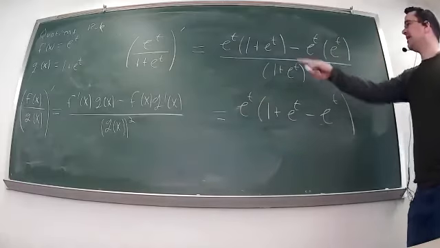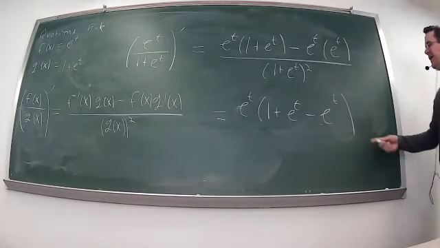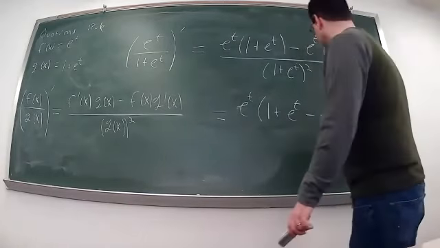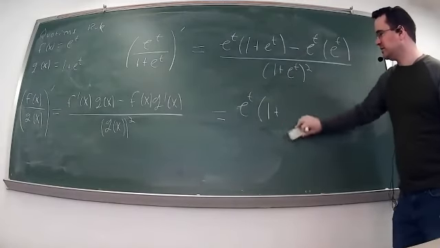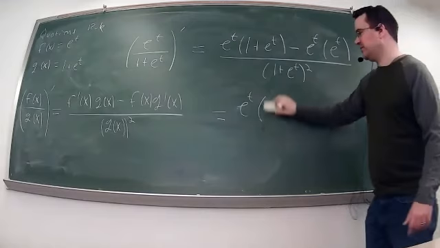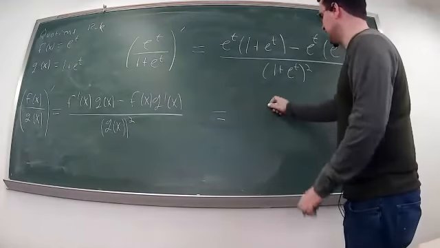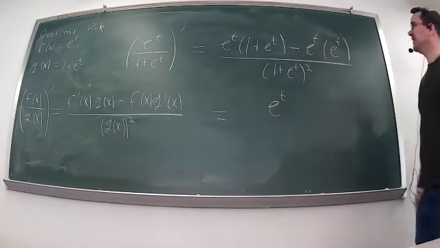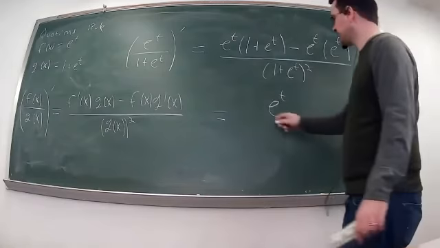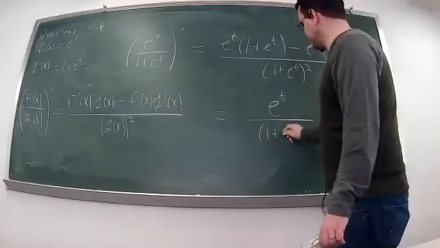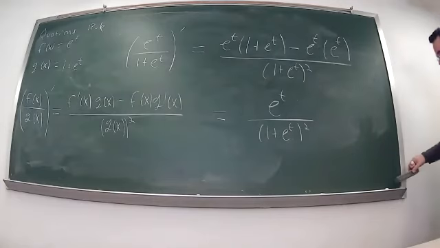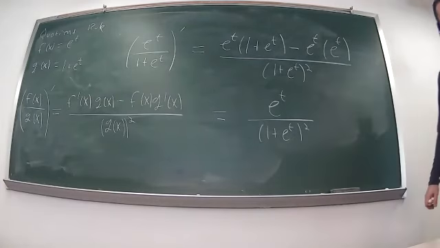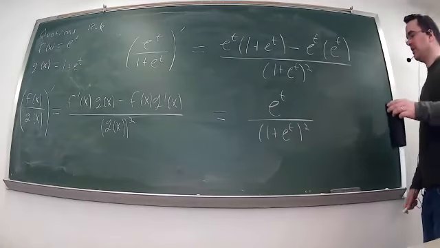So just factoring out e to the t, 1 plus e to the t minus e to the t. And if you'll let me maybe just erase that, it's going to be 1, which we don't even need to write. So it's just going to be e to the t. That's the numerator, over 1 plus e to the t squared. So this is our answer. That's kind of a nice simplified form. That's how I'd leave my answer if I were doing that problem on the test.